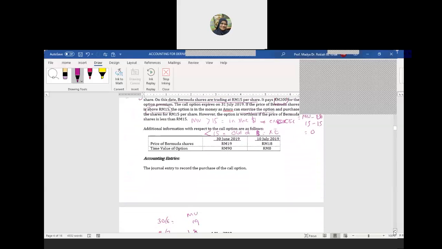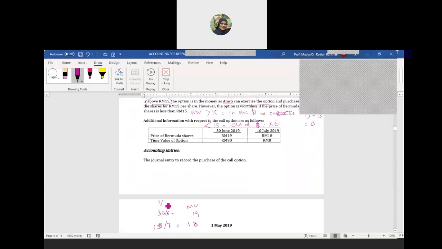On 1st of May, the market value is 15. The time value of the options was 200 at the beginning, now it becomes 90, and then it becomes 0. So this one is an increase by 4, this one is reduced by 1, this one is reduced by 110, and this one is reduced by 90. So this is what we have.